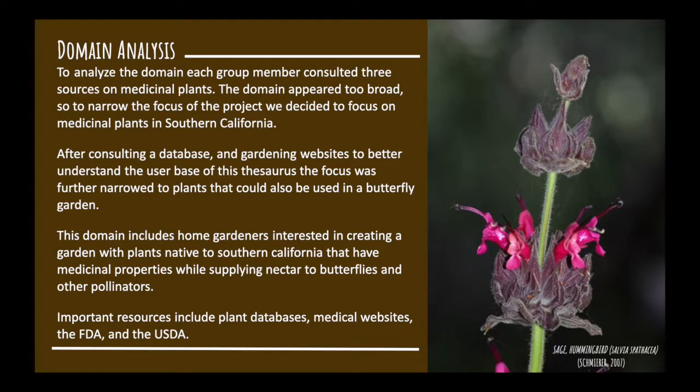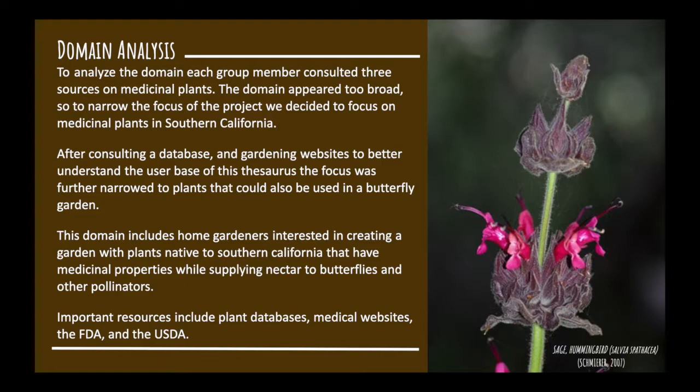We discovered that our initial domain, all medicinal plants, was too broad, so to narrow our domain, we decided to focus on medicinal plants in Southern California. And after consulting several databases and gardening websites to better understand the potential user base of this thesaurus, we further narrowed the focus to plants that could also be used in a butterfly garden.